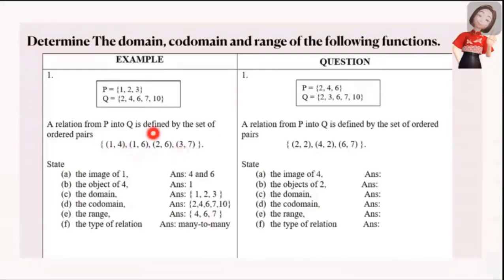Tapi dalam set dia ada semua nombor. It's codomain. That's why range maknanya ada image yang ada objek. So only 4, 6, 7 means that the 2 and the 10 without any object, without mapping to any object. So 2 and 10 is not in the range, but it's in the codomain. Okay, so nampak dia punya perbezaan.